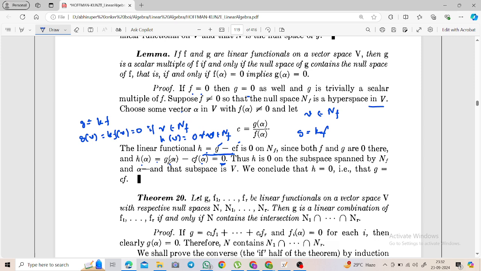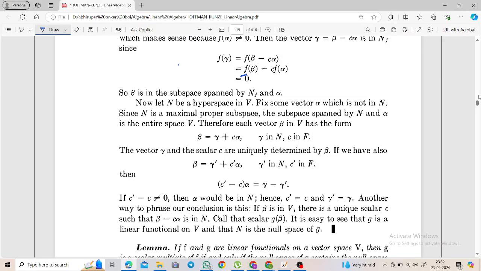So h is everywhere 0. Understood? Why is it enough to show that h is 0 on the kernel of f and 0 on some vector outside it? Then the linear functional is actually 0 because of this.